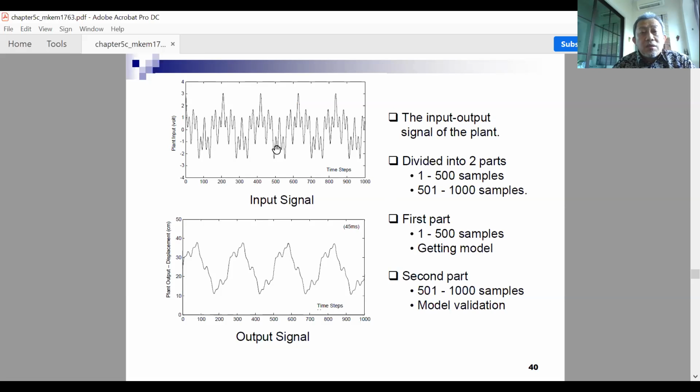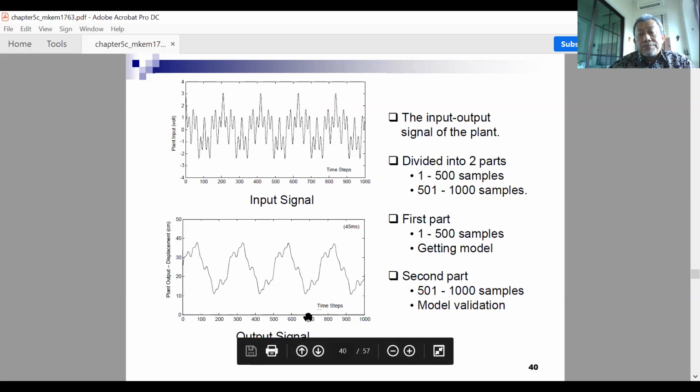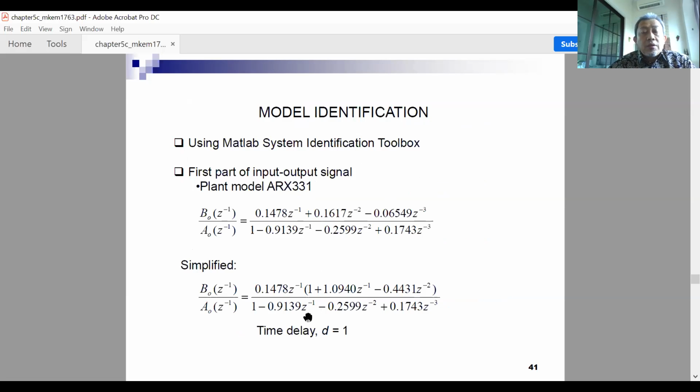This is your input signal with 3 frequencies, and this is the output signals. Then we use the system ID toolbox, so we obtain the ARX model, okay.